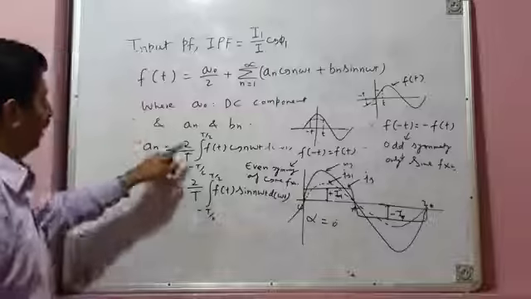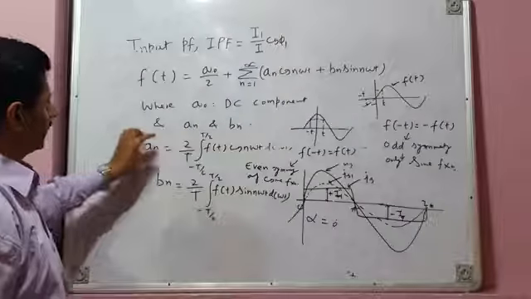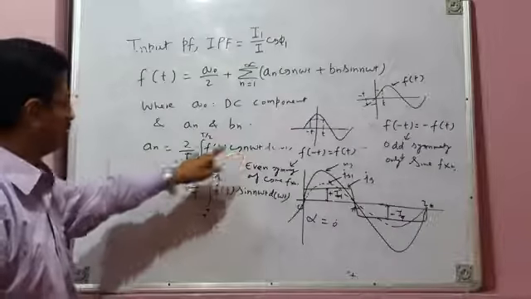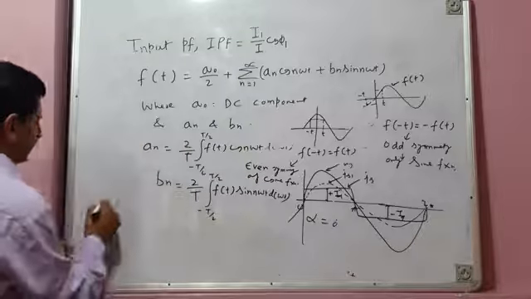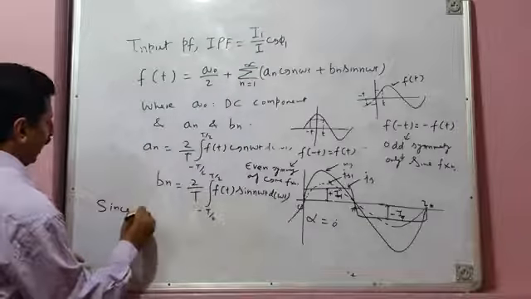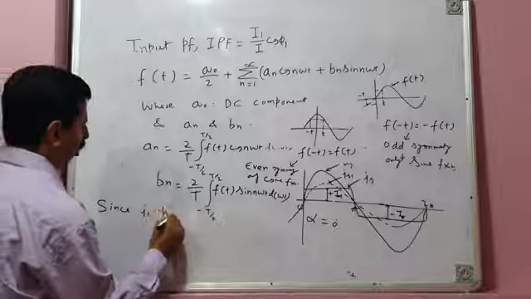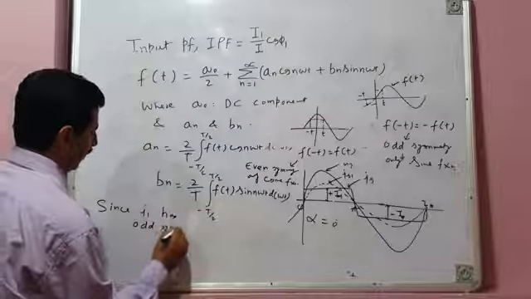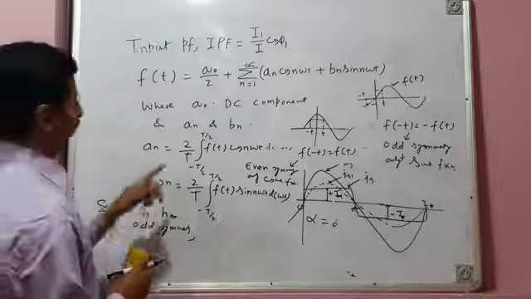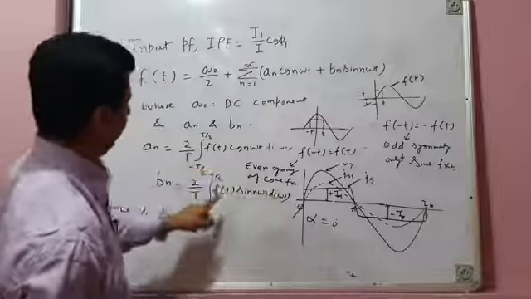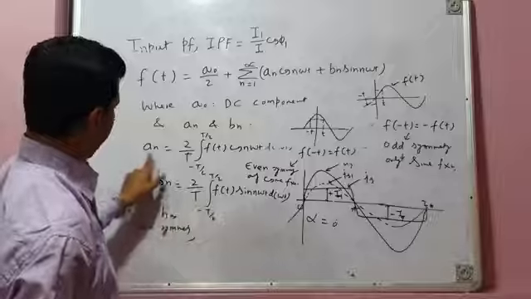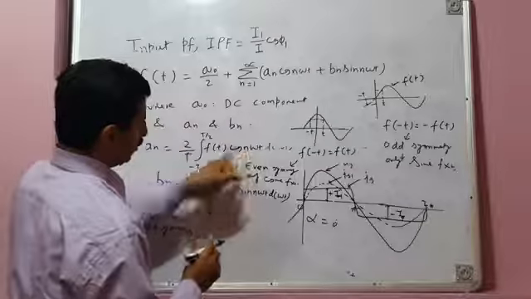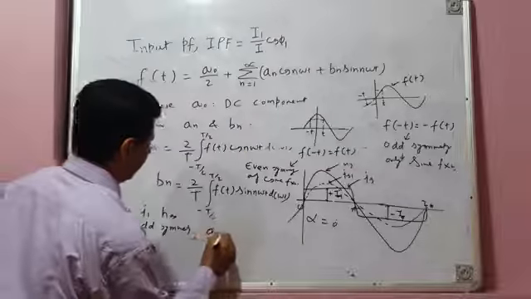Therefore, all those terms where cosine functions are involved will become zero. Since the I1 current waveform has odd symmetry, it will have only sine functions. So it will have bn, but an will not be there because an involves cosine functions. So an will be equal to 0.